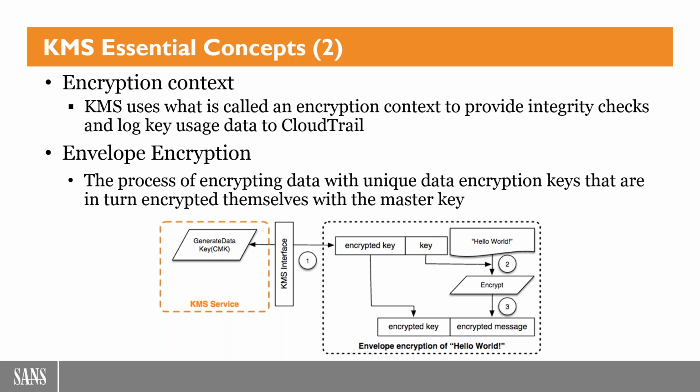But the context can also be used almost like a tag to be logged. So you can put in the context what you like, and those values will actually appear in the CloudTrail logs, as well as being used for integrity checks.